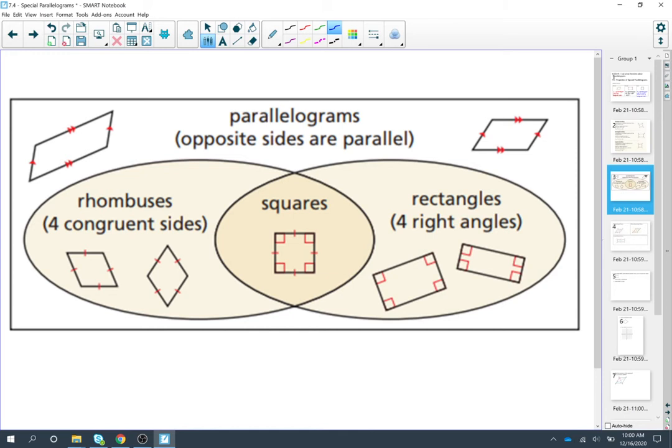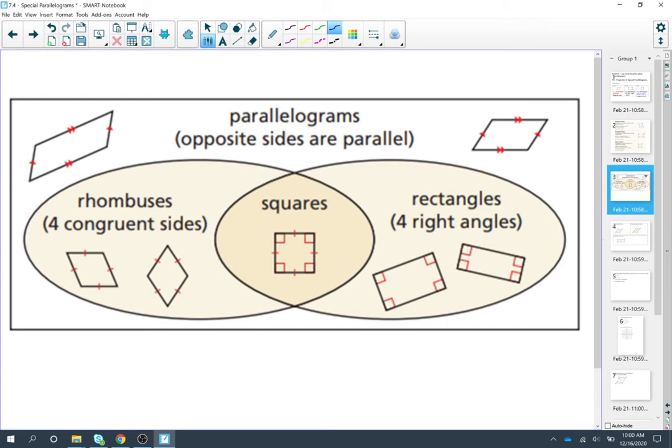The answer there would be sometimes. A parallelogram is a rectangle when it has 4 right angles. So if you're going smaller, parallelogram to rectangle, that's a sometimes. If you're going bigger, rectangle to parallelogram, that's an always. And then there's a never. We'll cross that bridge later. But I really, really like this chart.